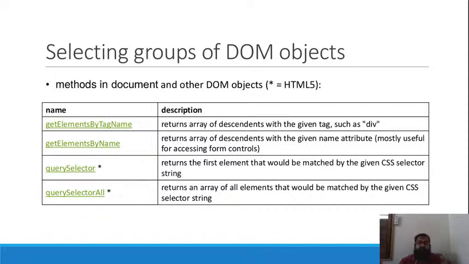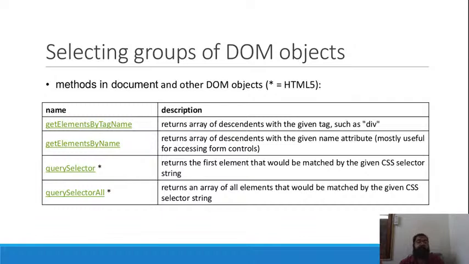And so getElementsByTagName will have to return you a list of objects. It's not just one object that it can return, because it might have multiple tags in the same HTML file. So multiple div tags could be there in the HTML file. So it returns an array or a list of descendants with the given tag such as div.